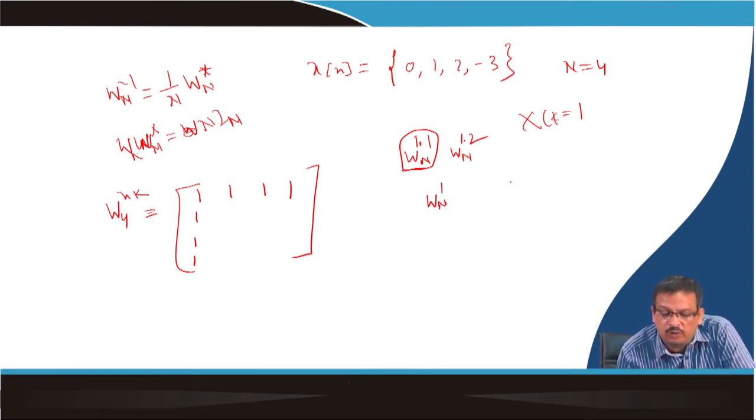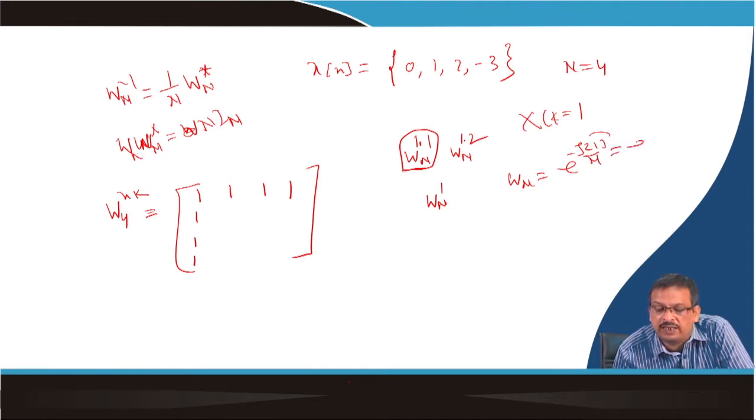Wn is equal to e to the power minus j 2 pi by N, which is e to the power minus j 2 pi by 4 in this case. So it is nothing but minus j.